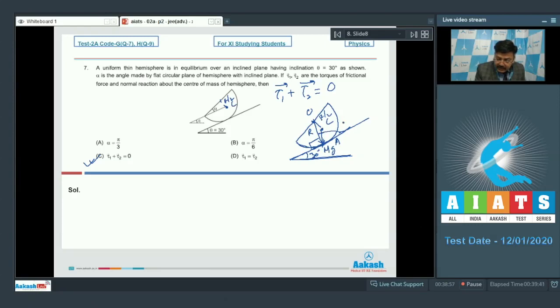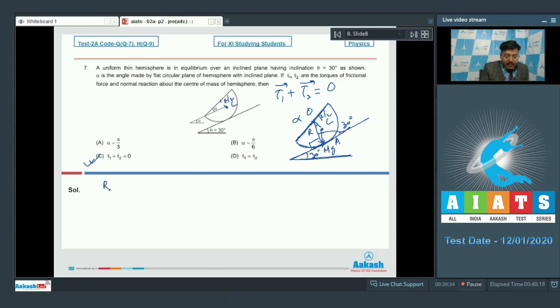So now we have a triangle OCA, in which one side is r, the other side is r by 2 and one angle is 30 degrees, and this angle also is going to be alpha, which is what we have to find, because alpha is the angle between the incline and the outline of the base of the hemispherical shell. Now if we apply the sine rule in this triangle, what do we get?